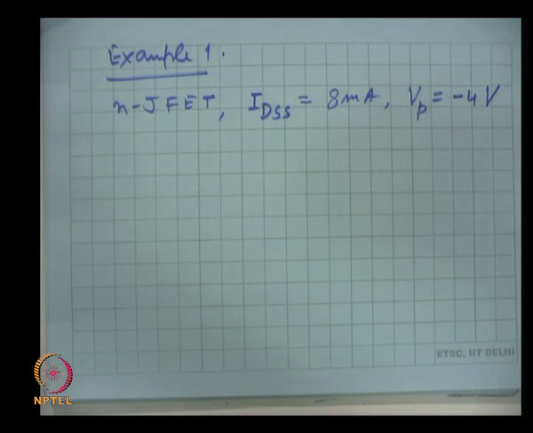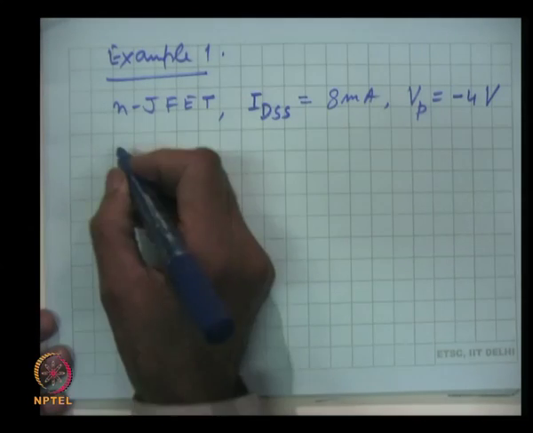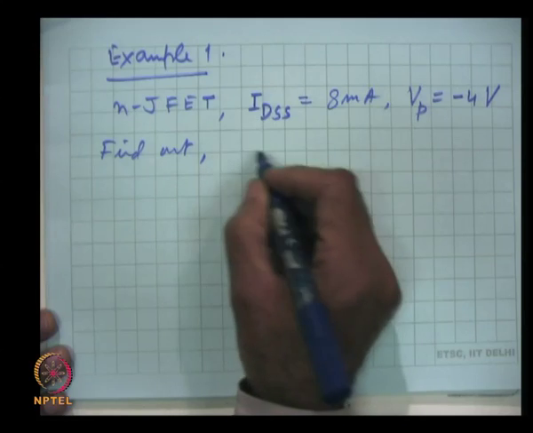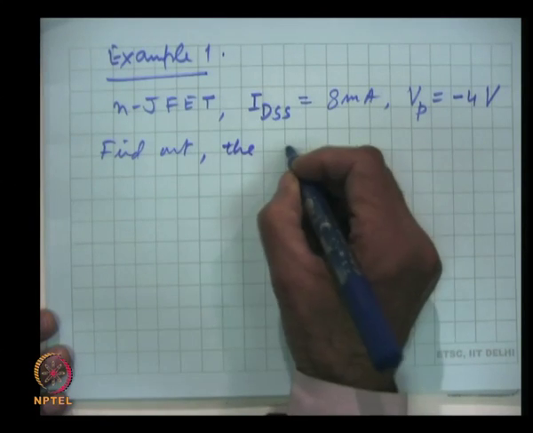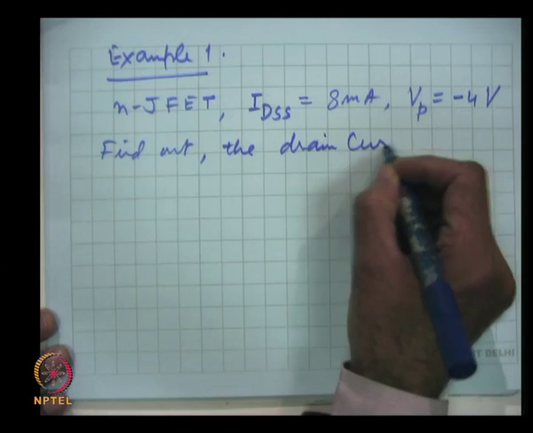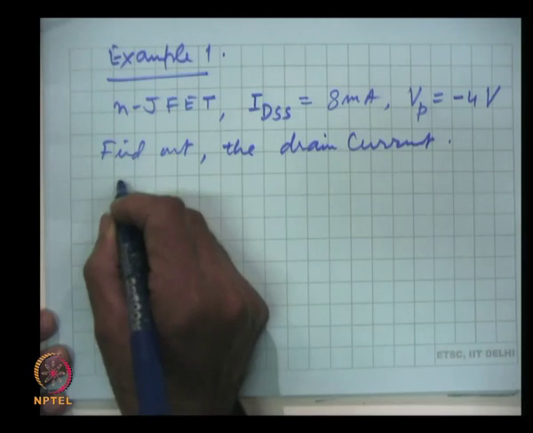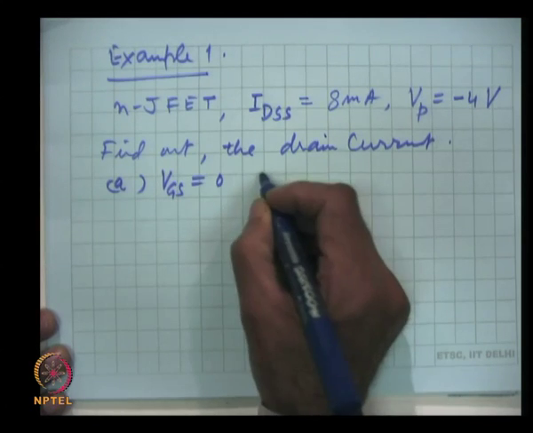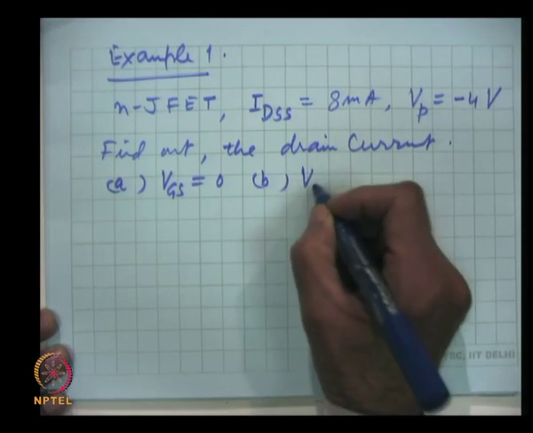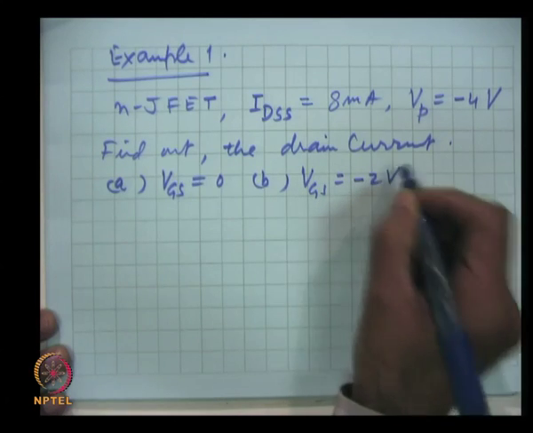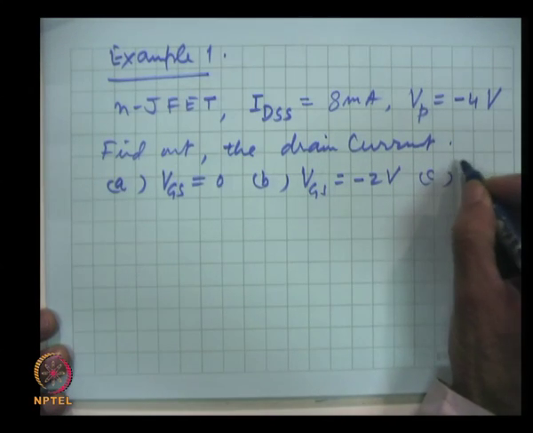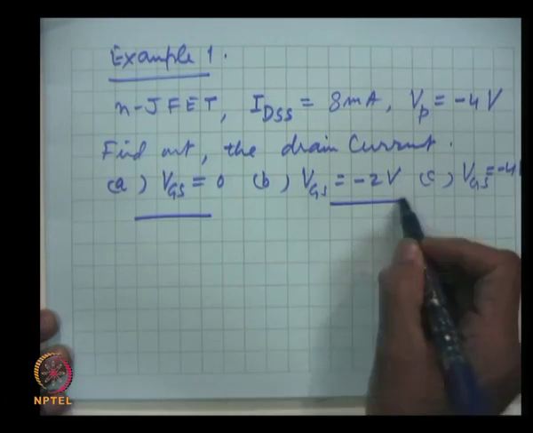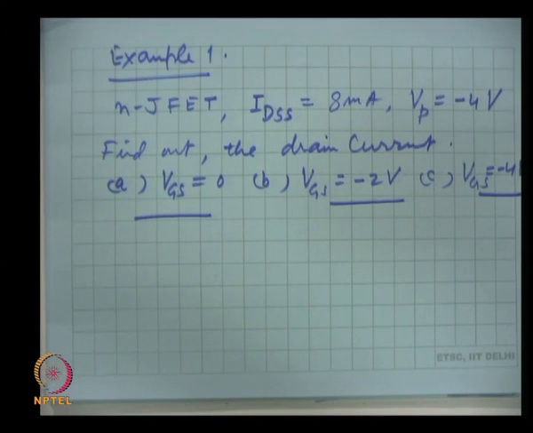Then find out the drain current: A, when VGS is 0; B, when VGS is minus 2 volts; and C, when VGS is minus 4 volts. Under these 3 values, find out the value of drain current.